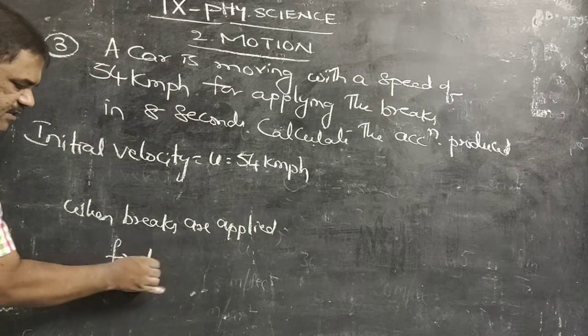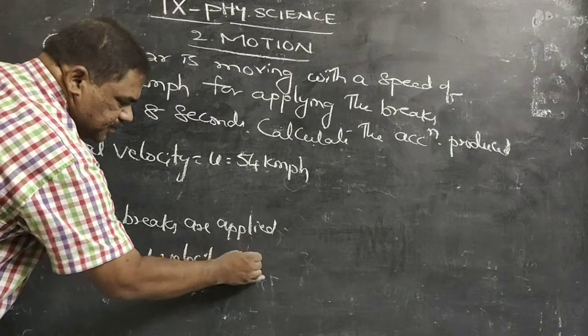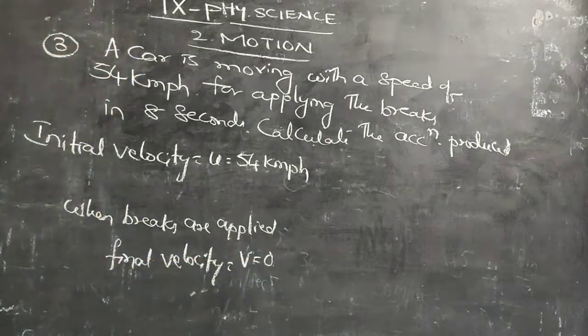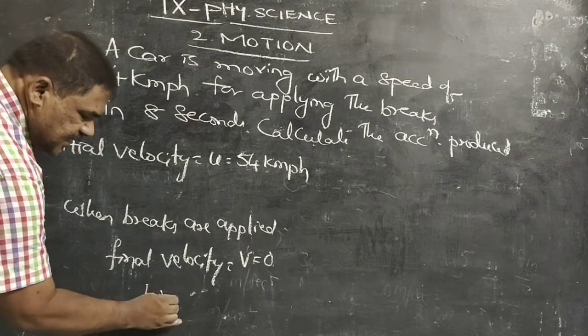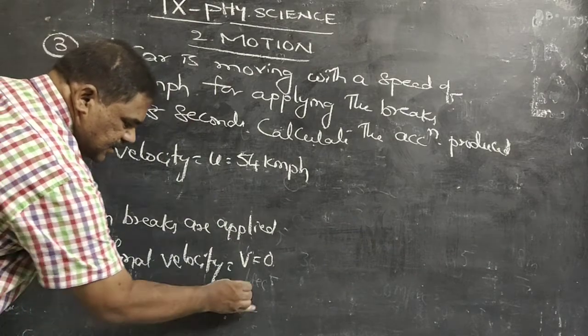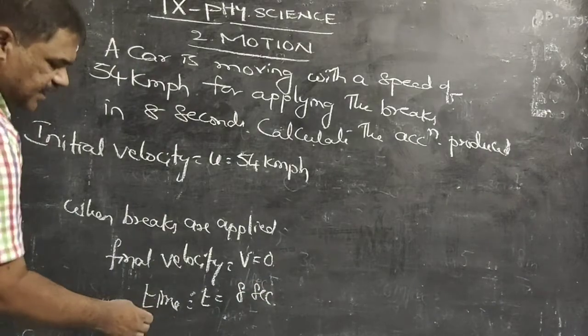So final velocity v is equal to 0. In 8 seconds, time is given as 8 seconds. So we have to find the acceleration produced.